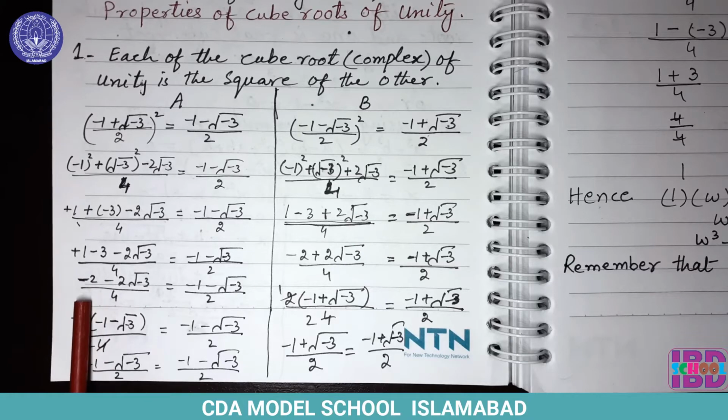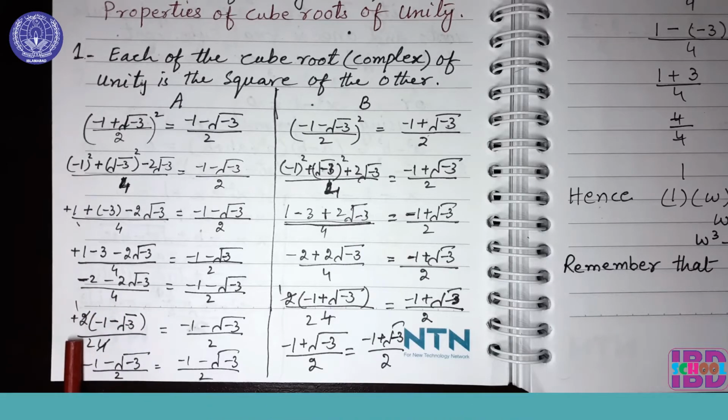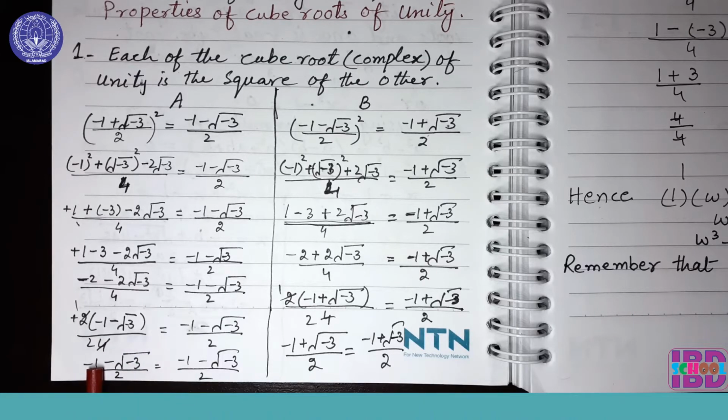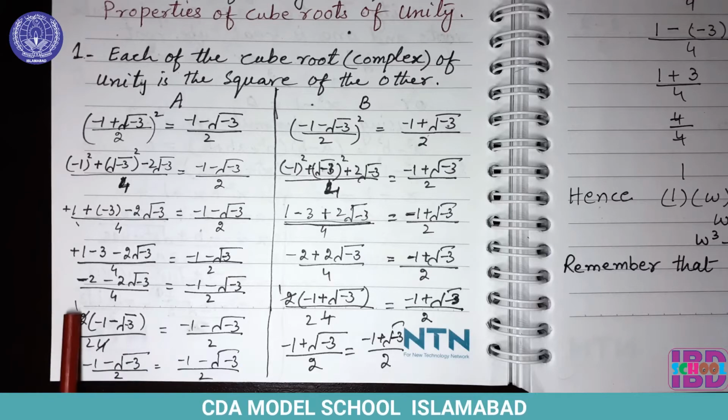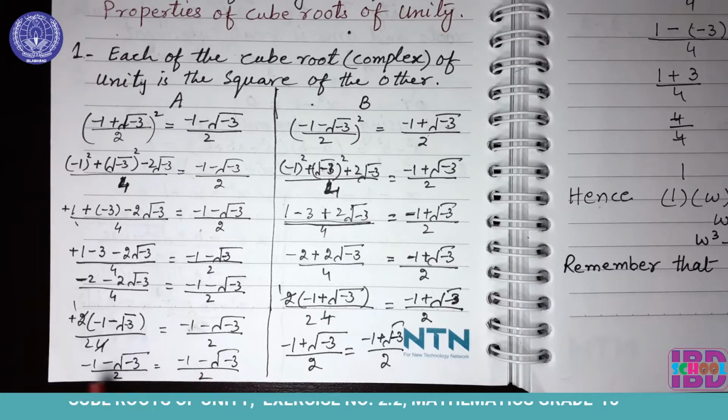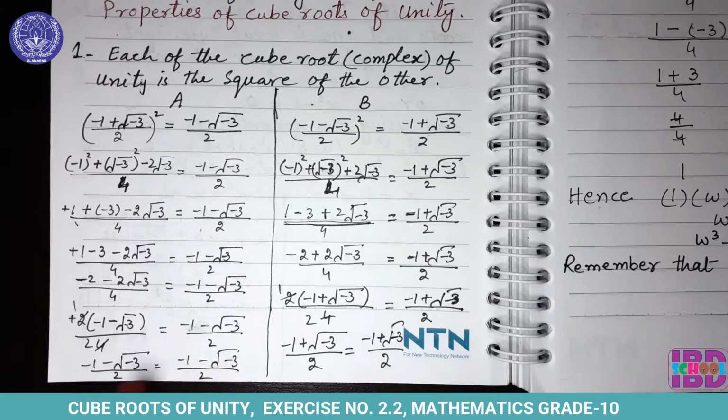Here we take common 2, into minus 1 minus under root 3 by 4. 2 will be cancelled by 4. It becomes minus 1 minus under root minus 3 by 2, and here left hand side becomes right hand side.